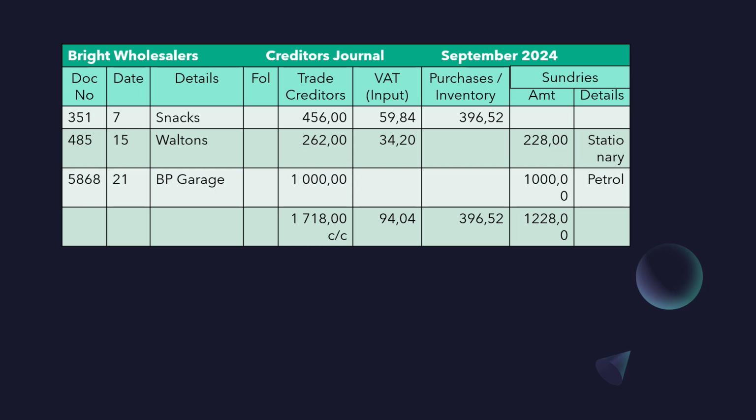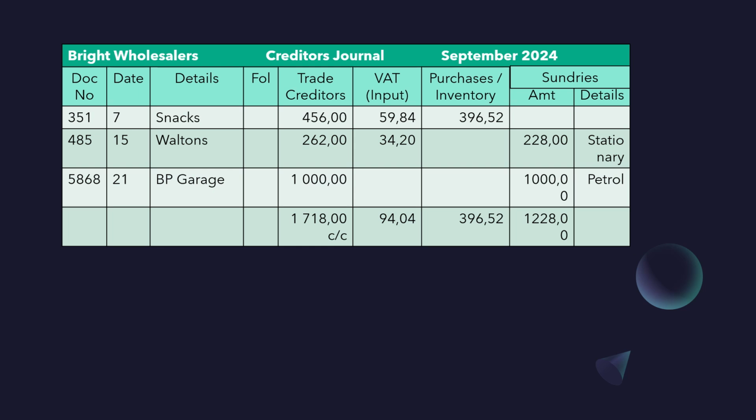So from here, if you look at the beginning, first you'll complete the document number. This column reflects the supplier's credit invoice number. The numbers do not run in sequence, as the invoices are generated by a number of different suppliers or creditors.